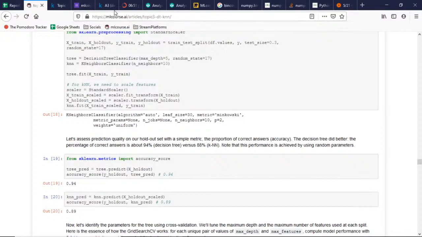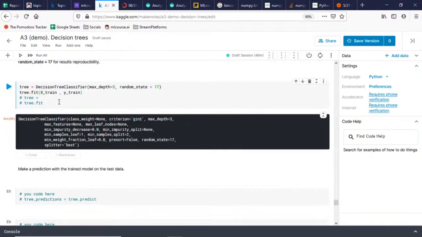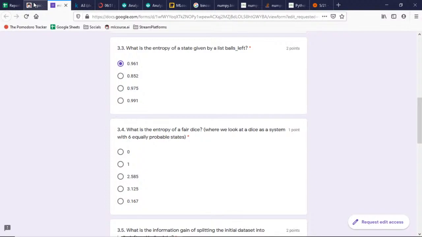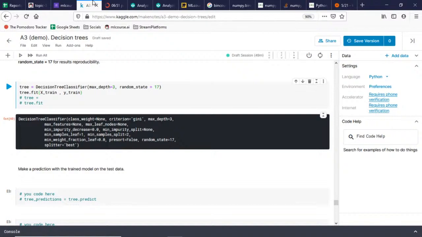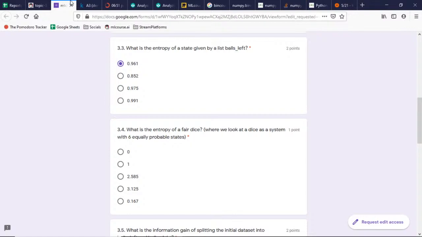So here we built the tree, we fitted it, and then something like that, I guess. Yeah, so here the same.